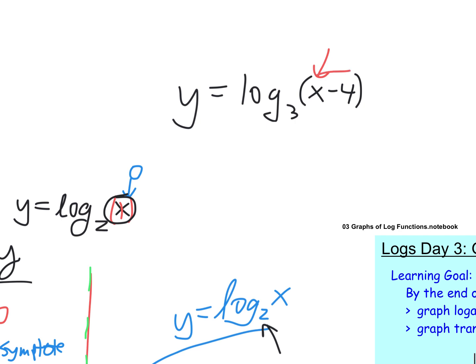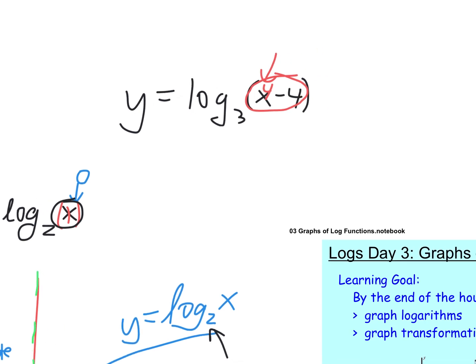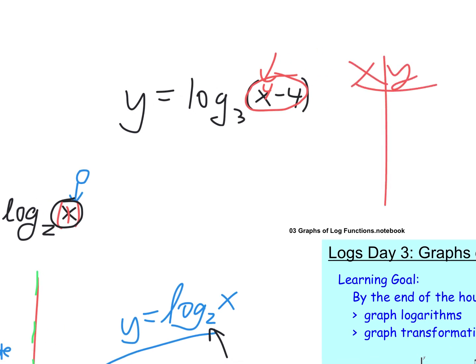No. When I make the inside be 0, that's when I found the asymptote. So do you get that 4 in this case makes it 0? So then if I was making an XY chart for this one, 4 would be a key number because it would give me the asymptote. Why does it give me the asymptote? Because it makes the inside be 0.